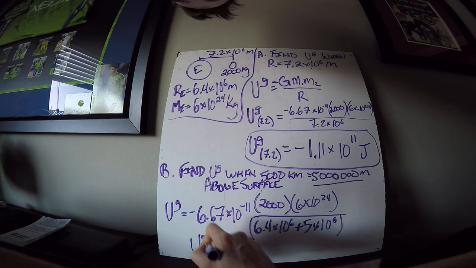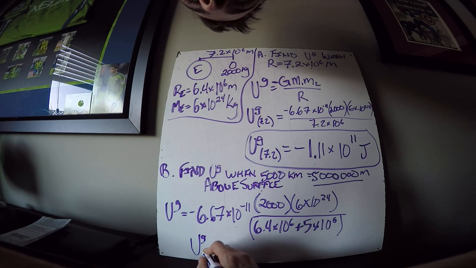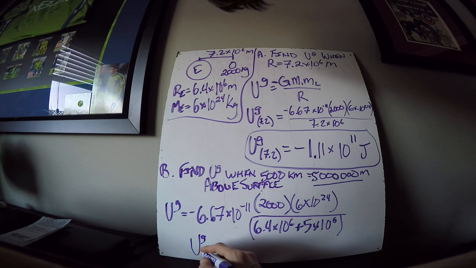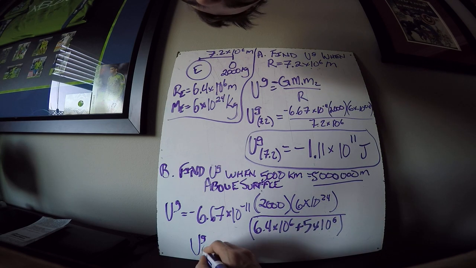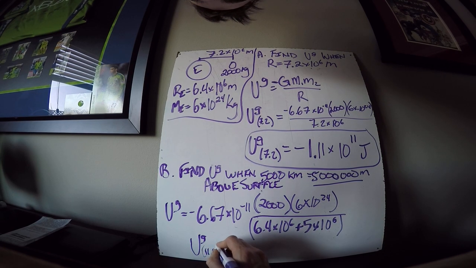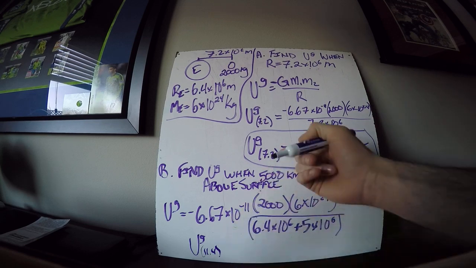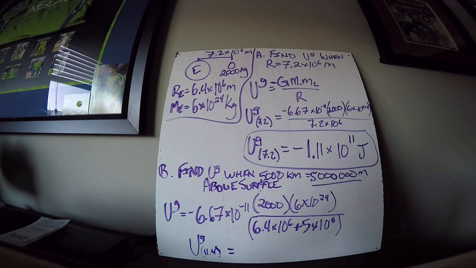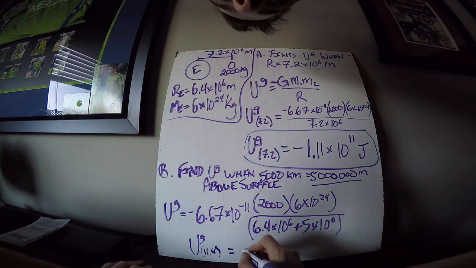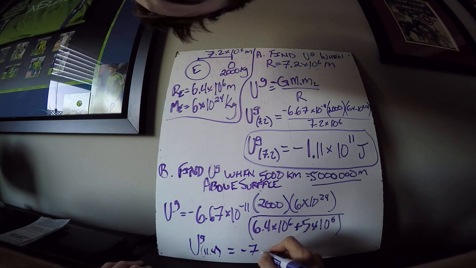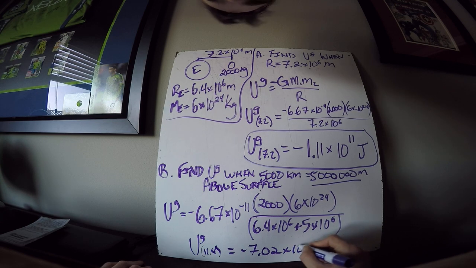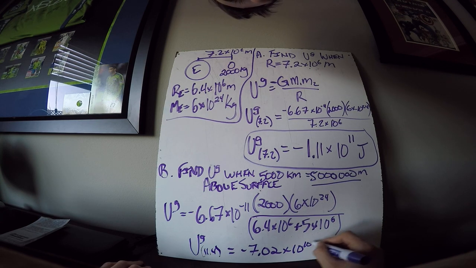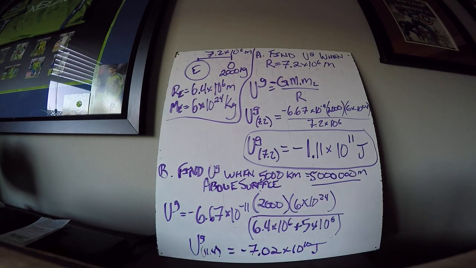The potential energy at, let's call it, this would be 11.4 times 10 to the 6th, so bigger, farther away, equals, you should get negative 7.02 times 10 to the 10th joules.